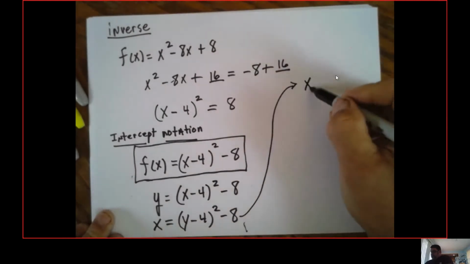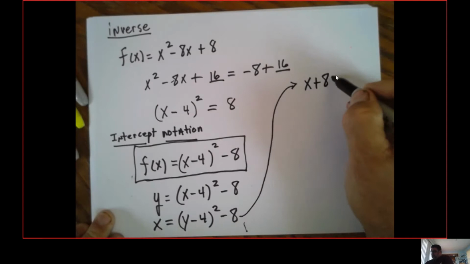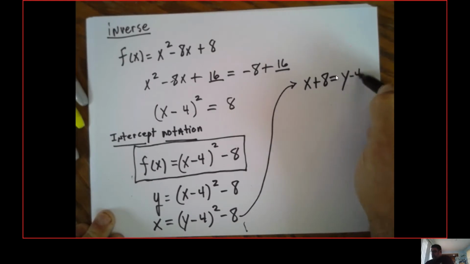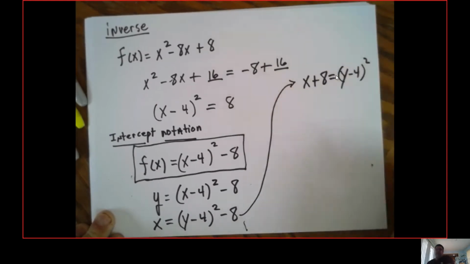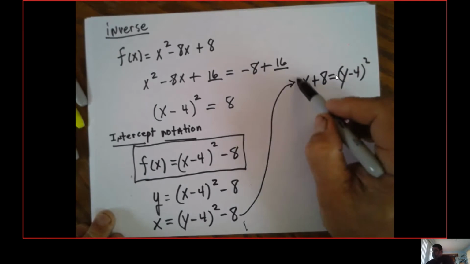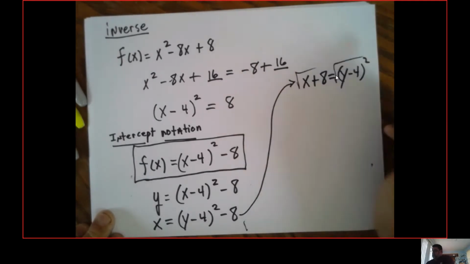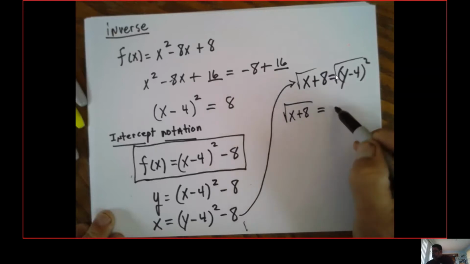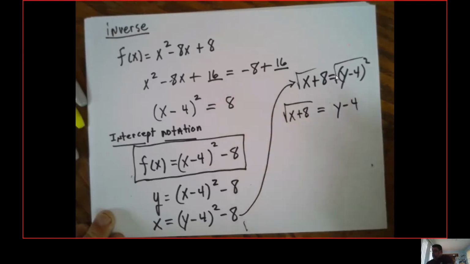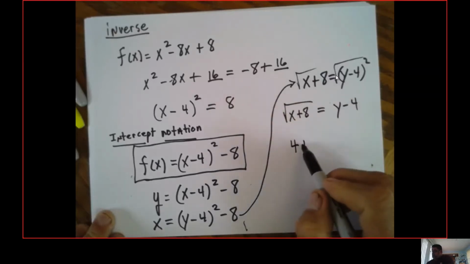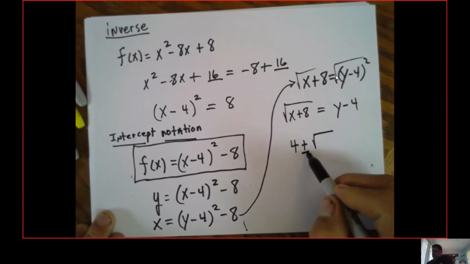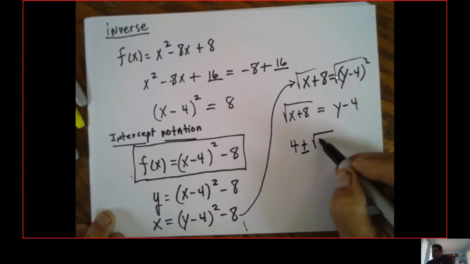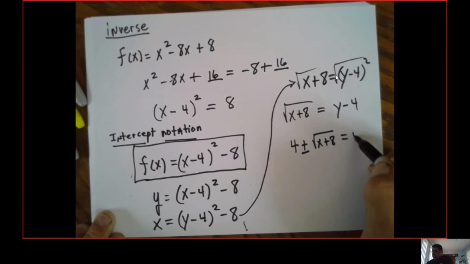Okay, so x plus 8 is equal to (y minus 4) quantity squared. Take the square root of both sides. And that's going to be the square root of x plus 8 is equal to y minus 4. And then 4 plus or minus the square root of x plus 8 is equal to y.